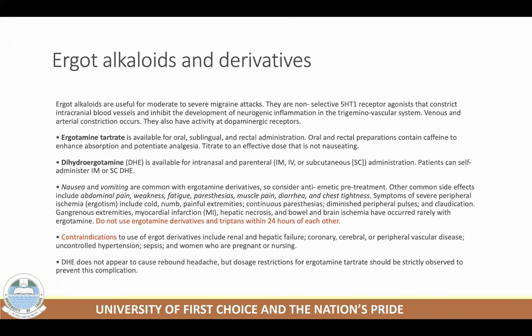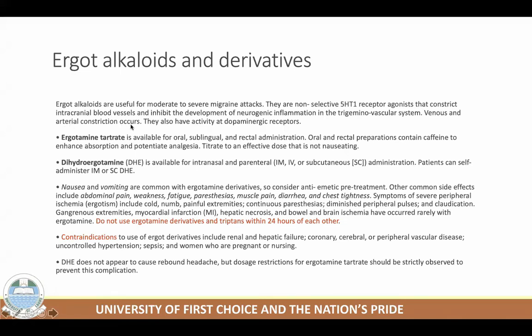Venous and arterial constriction occurs, right? They also have activity at dopaminergic receptors, even though dopaminergic receptors are not indicated in the formation of a migraine. They may be involved in the propagation of the migraine. And so ergot alkaloids are really very important for resolving migraine headaches that are very painful, right?